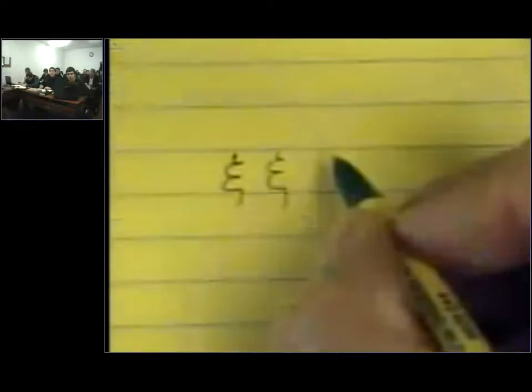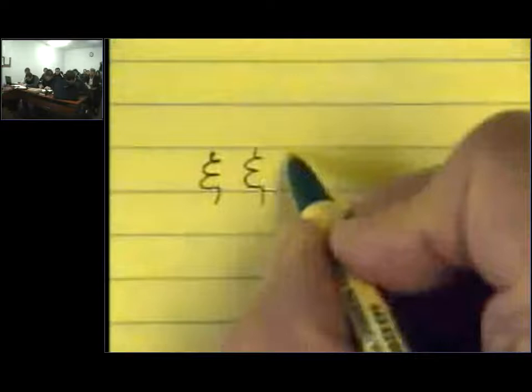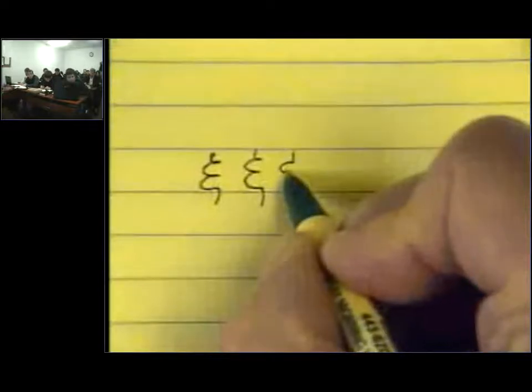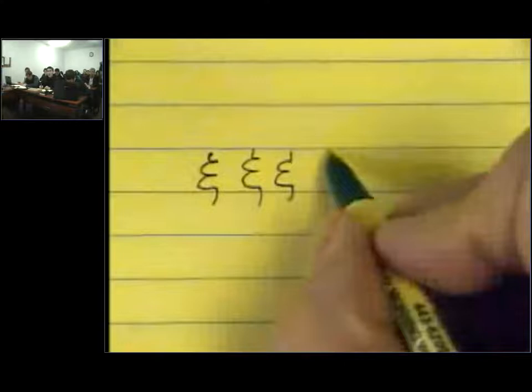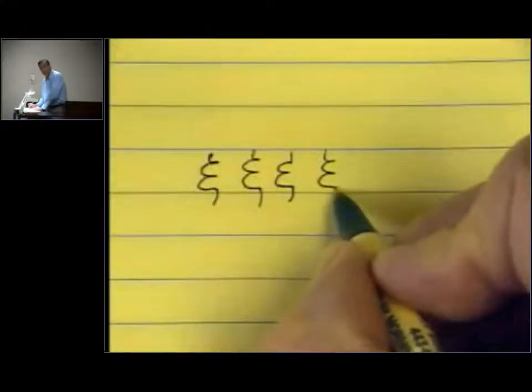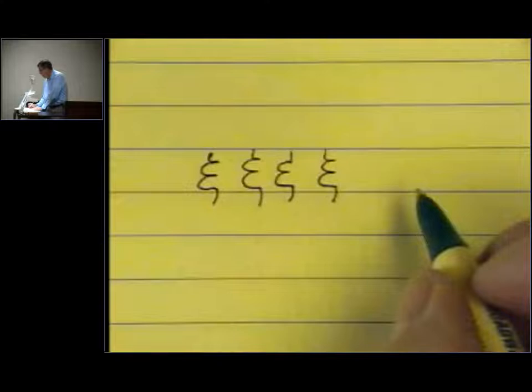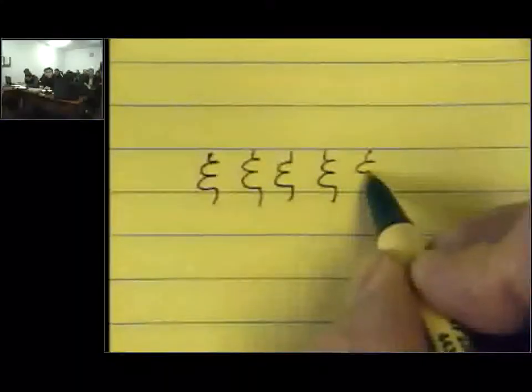How's that? Yeah, good. A little loop, then two big ones, and then down below the line.